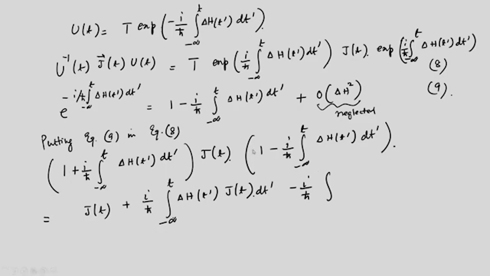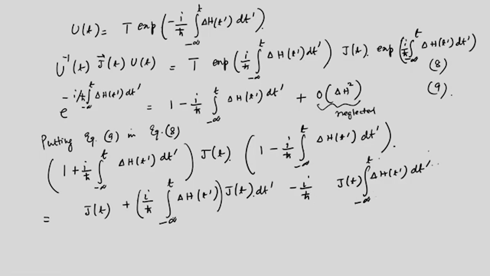You understand, just do this simplification and you will have J(t) and delta h(t prime) and dt prime. You can actually keep the J(t) outside, and you have minus infinity to t and so on.